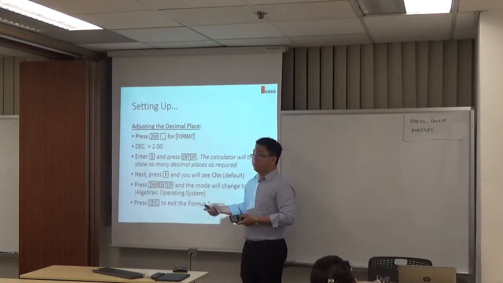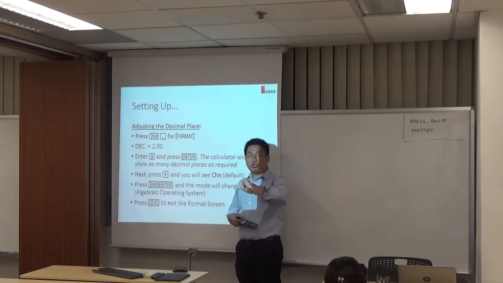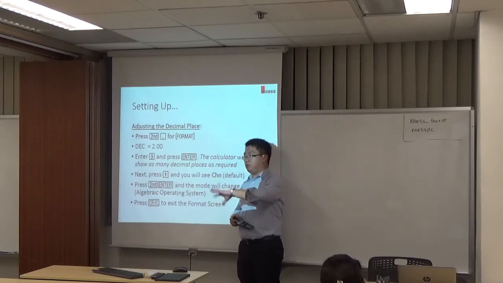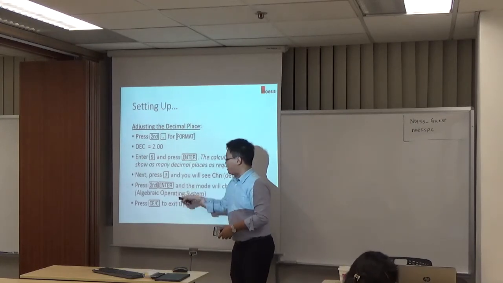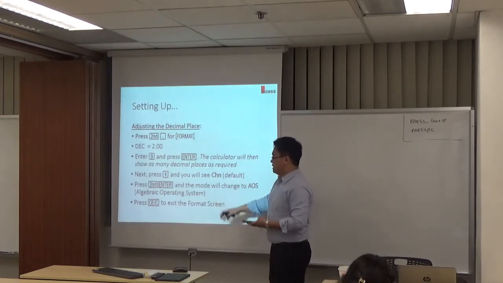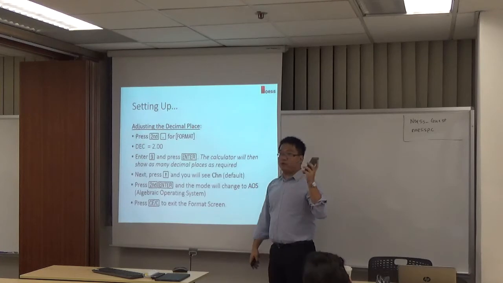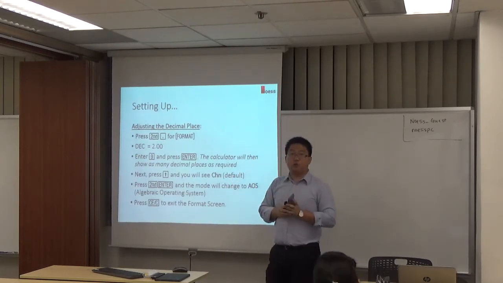AOS means the algebraic operating system. It will do the operation by brackets, then multiplication and division, then addition and subtraction. So I need you guys to change to this AOS mode. Once you're done, press CE/C, finish. Then you will exit your format screen. That's it. That's the first setting that you need to do.